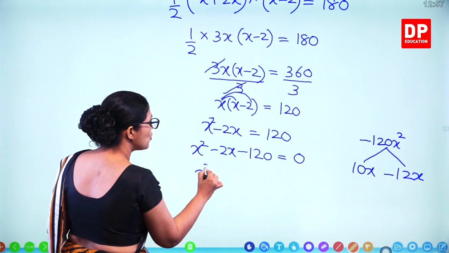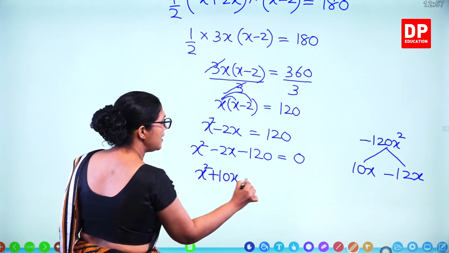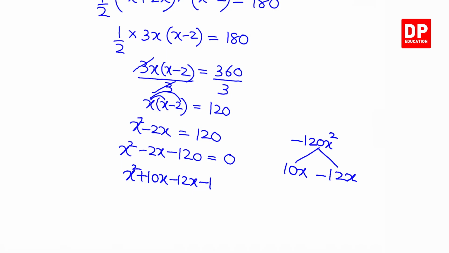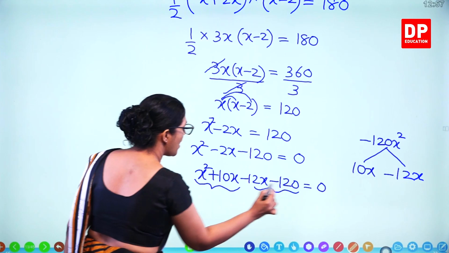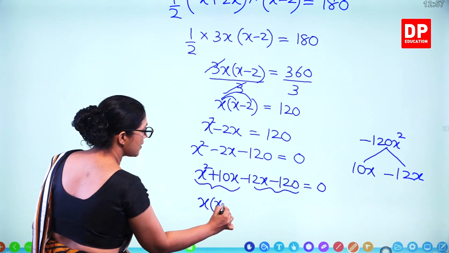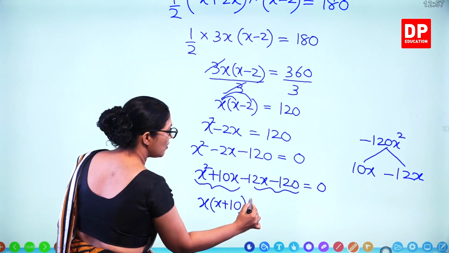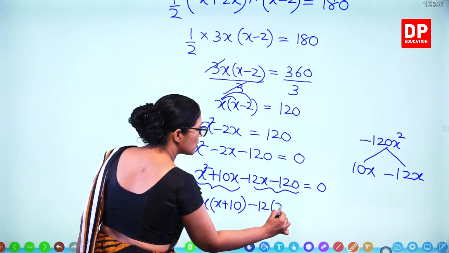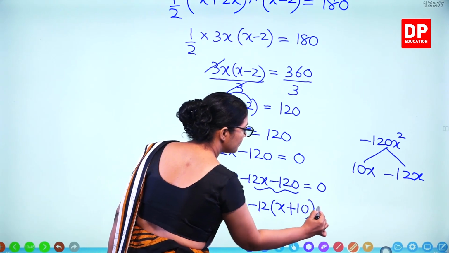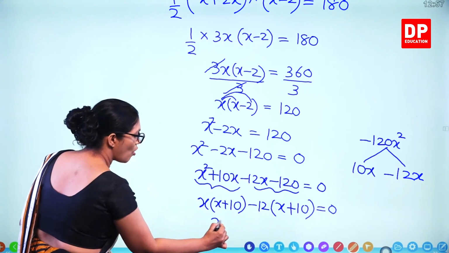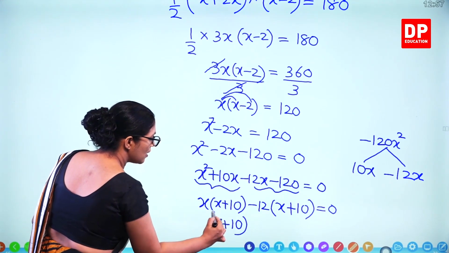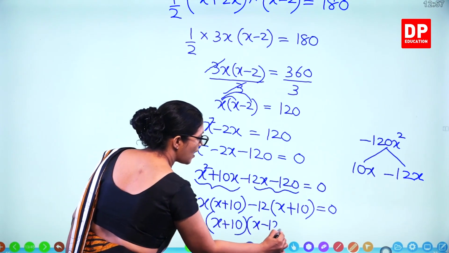Split the middle term to plus 10x and minus 12x. Take 2 at a time and factorize. Take x out, you get x plus 10. Here you can take minus 12 out, x plus 10. So x plus 10 is common, take it out, and the remaining part is x minus 12.